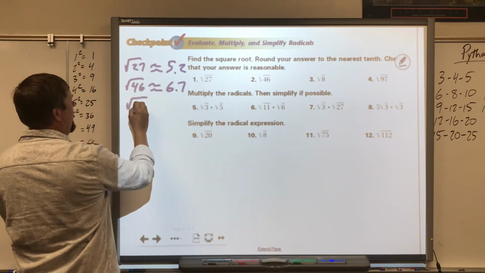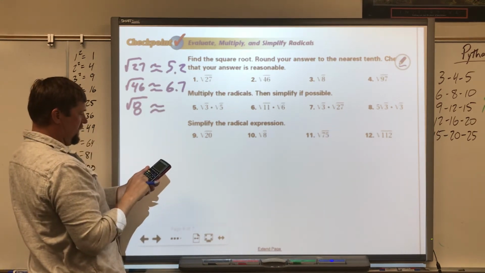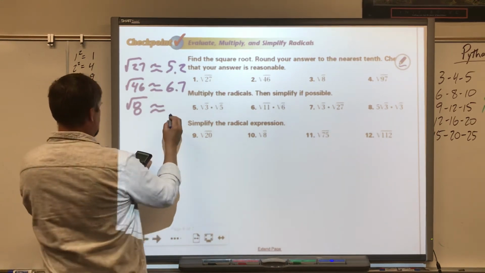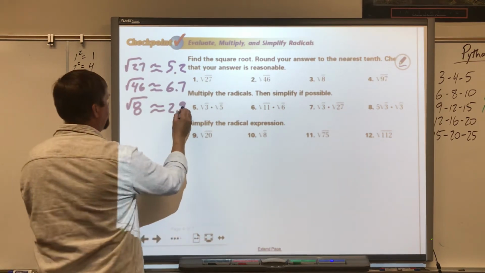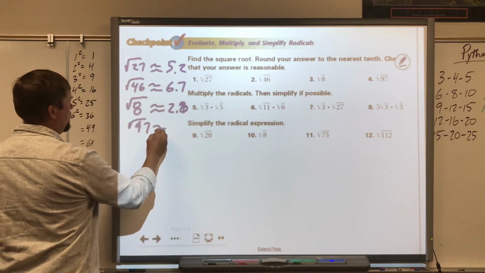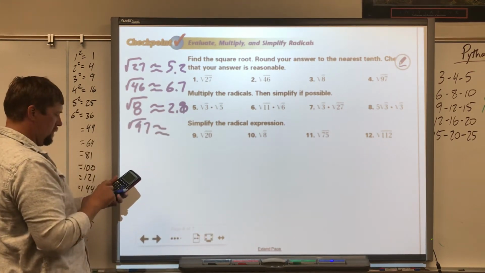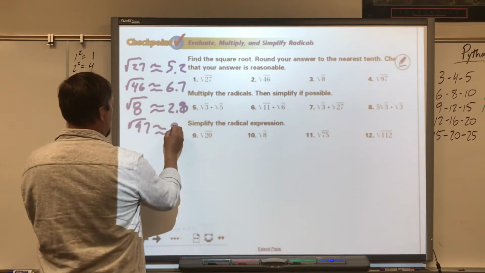The square root of 8 is approximately, 8 raised to the 0.5 power, is 2.9. Oh, 2.8. The square root of 97 is approximately 9.8.